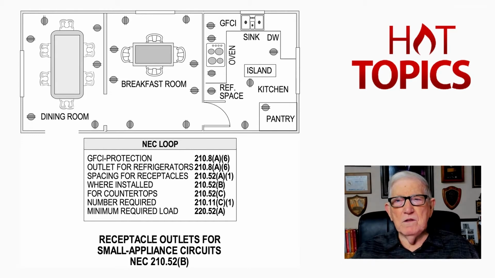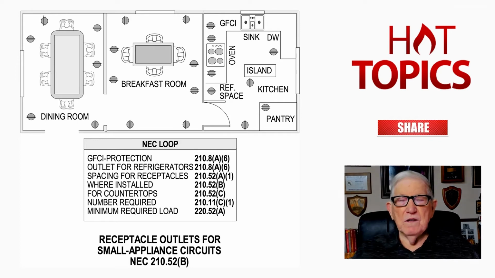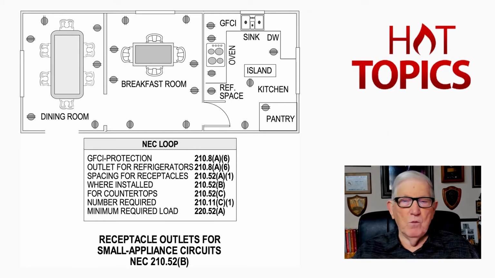And then notice we give you an NEC loop to go by in our figure. And notice GFCI protection 210.8A6. Outlet for refrigerators 210.8A6. Spacing for receptacles 210.52A1.